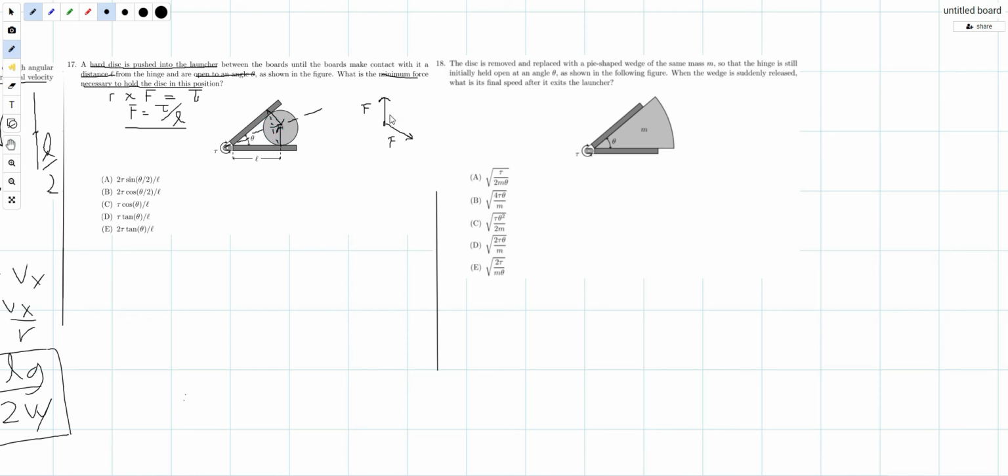First off, we can see that the y components of each force will cancel out, and these x components will get doubled. So if we find the angles here, we can figure out what the force outward exerted would be in terms of our tau by L and some angle or some variant of theta. And we can use that information to figure out the minimum force necessary to hold it back in place.